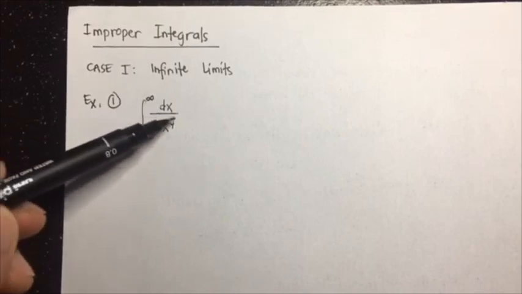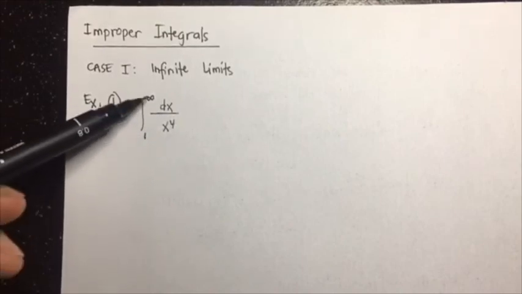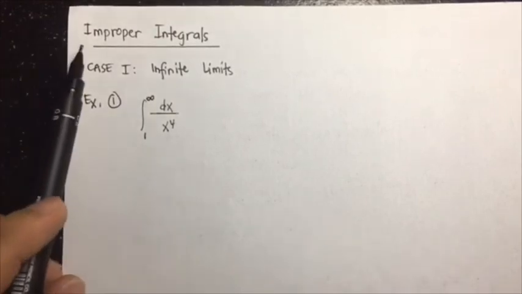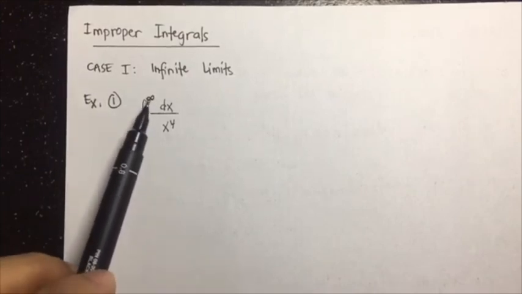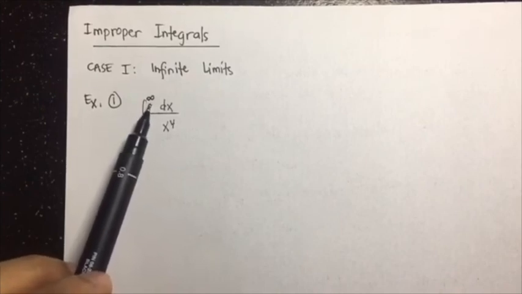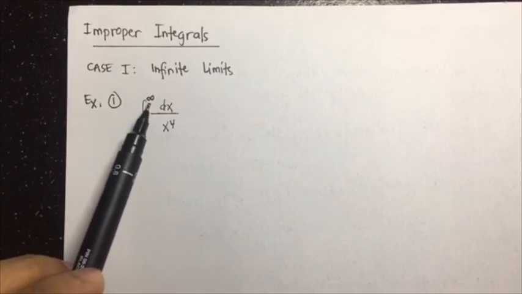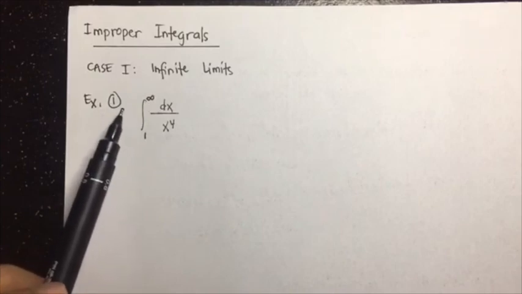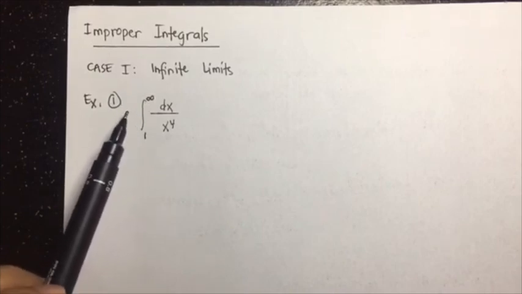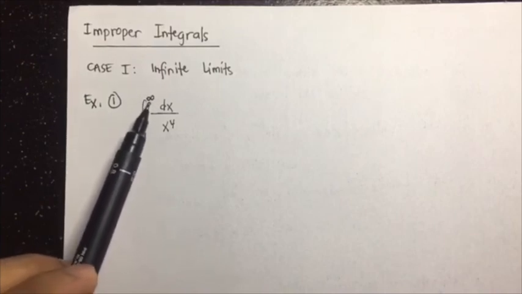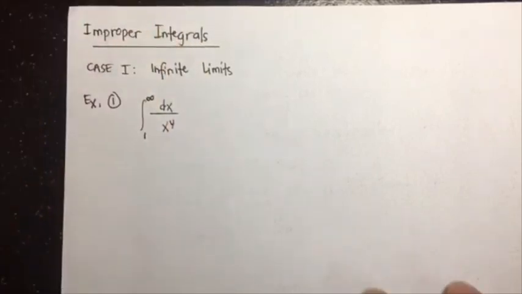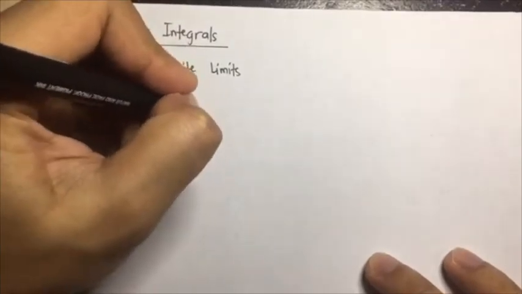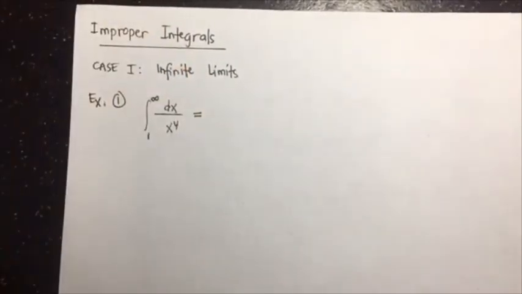Whenever we have infinite limits, we replace the infinite limit with any variable or letter, and then outside the integral sign, we write it as a limit, where the variable that we used to replace infinity will approach infinity. It sounds complicated, but actually it's very simple.